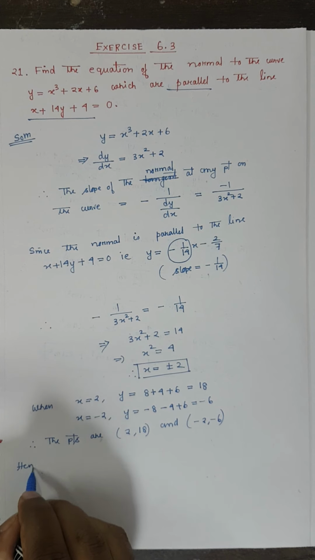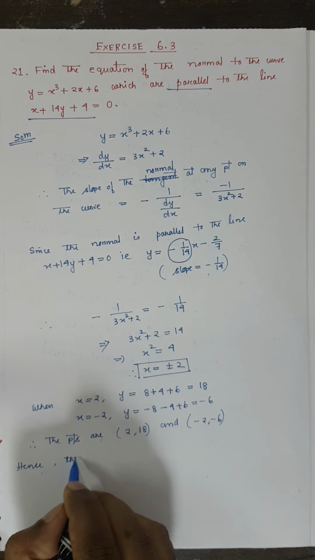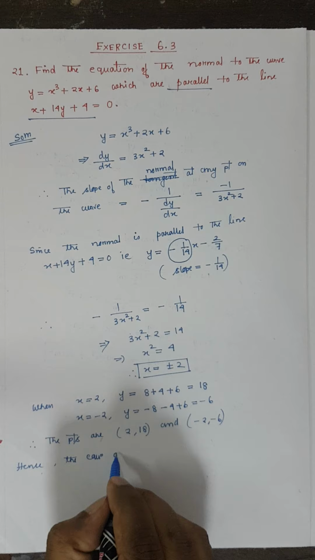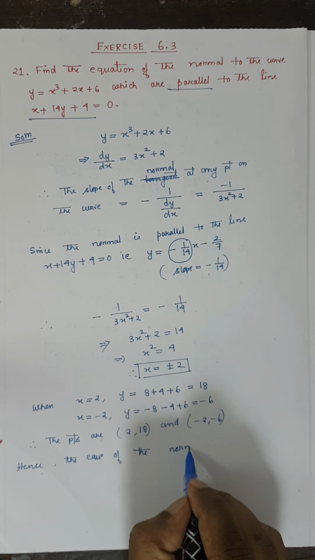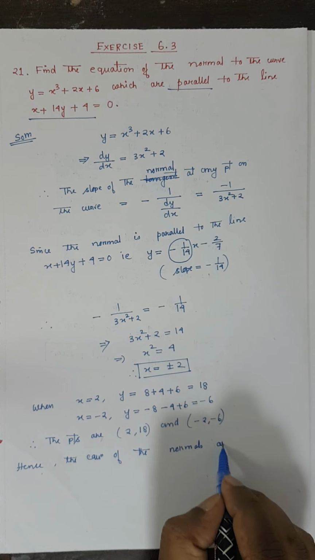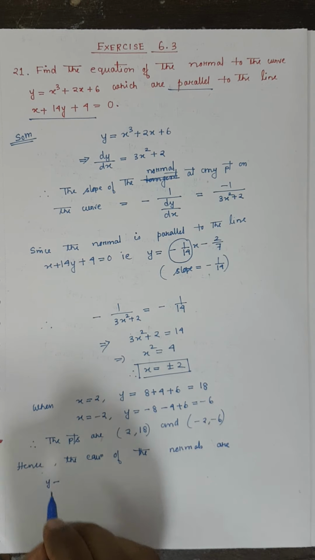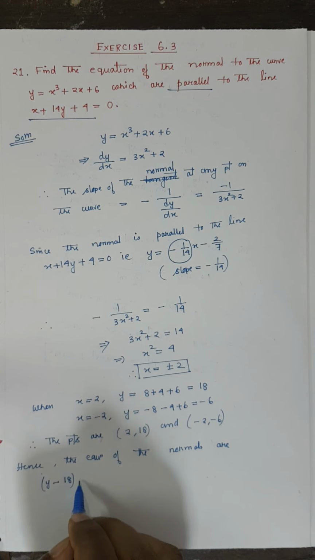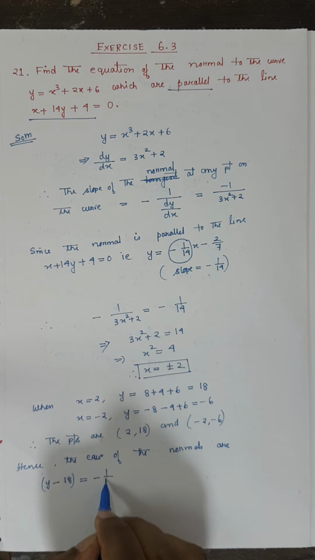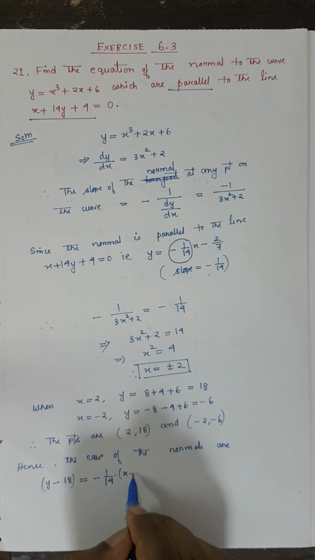Hence, the equations of the normals are y minus y1 for this point, slope is minus of 1 by 14 into x minus x1.